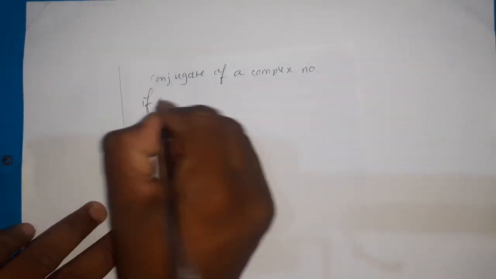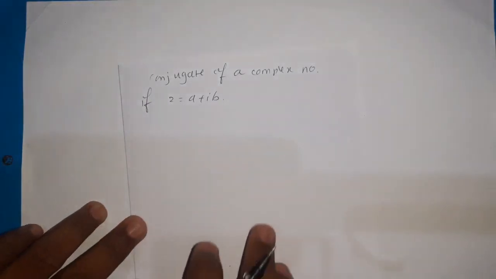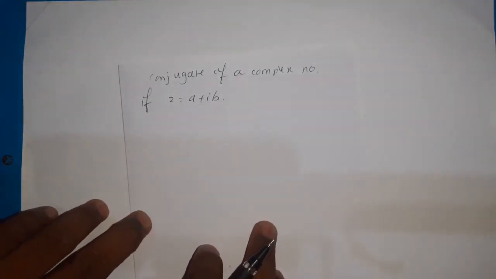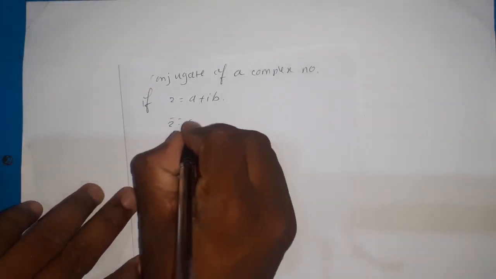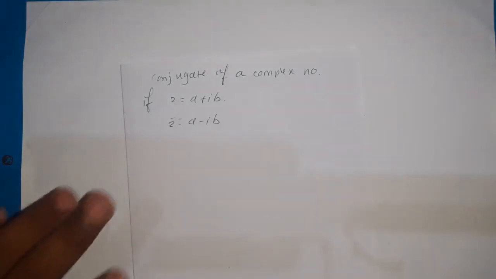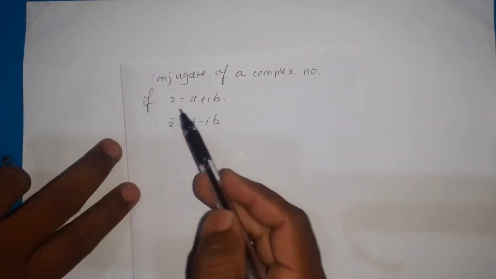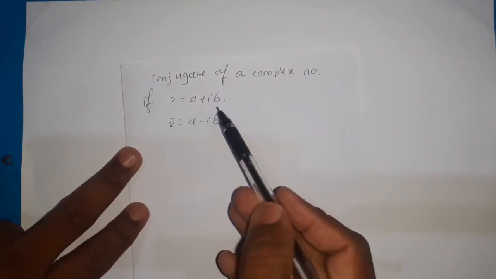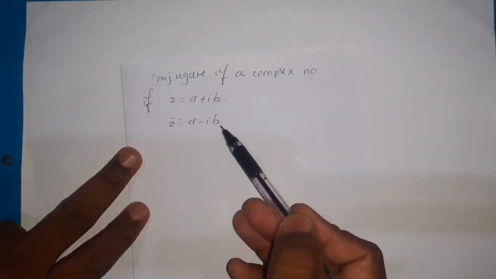So, if z equal to a plus ib is any complex number, then its conjugate is given by z bar is equal to a minus ib.